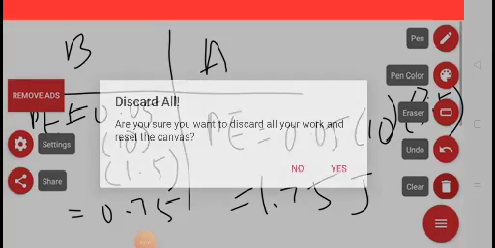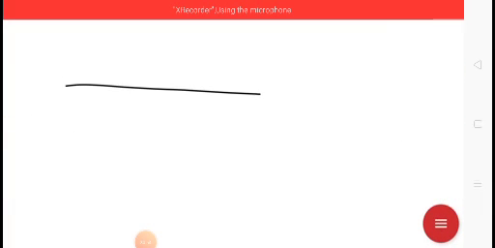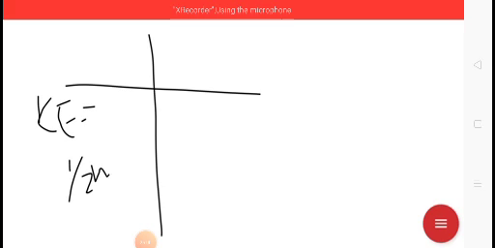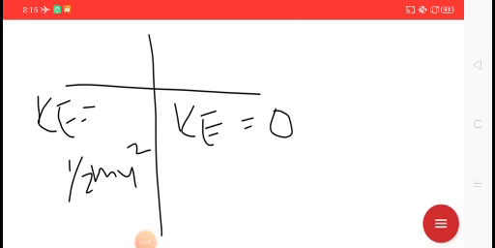Now we consider the KE. For the initial situation, you don't know, so KE is 1 over 2 mu square. And at the maximum height, KE is equal to 0 because v equals 0. Right. So once you have these, you don't have other work done involved.